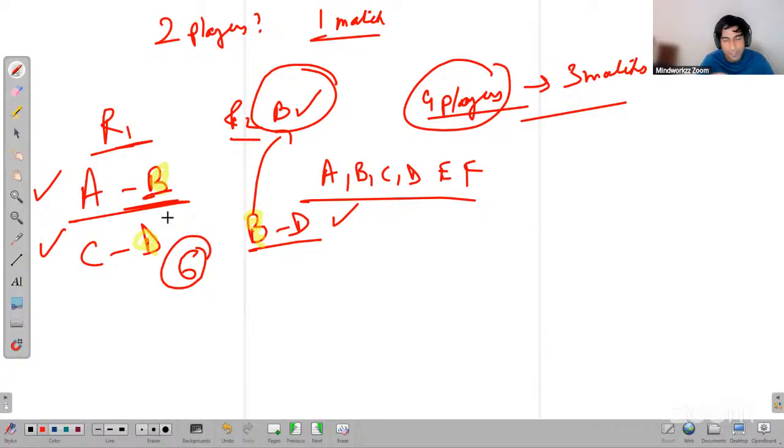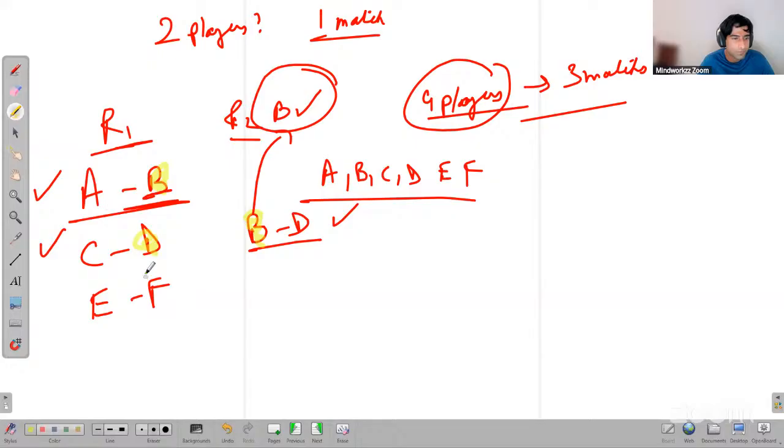It can be that E also wins. It can be that B also wins. Anybody can win. So if we have 6 players, let's say I had 2 more players here, right? So A versus B, C versus D, and E versus F. Now let's say E is winning here.